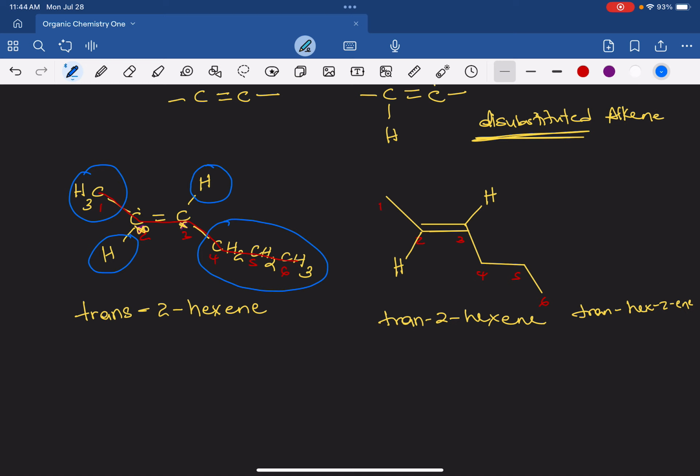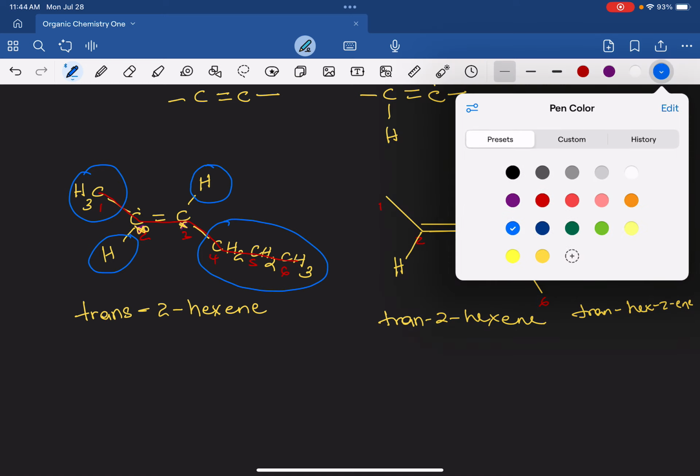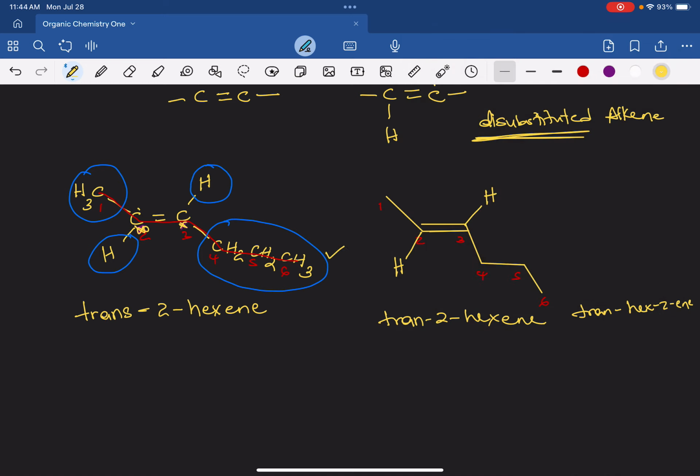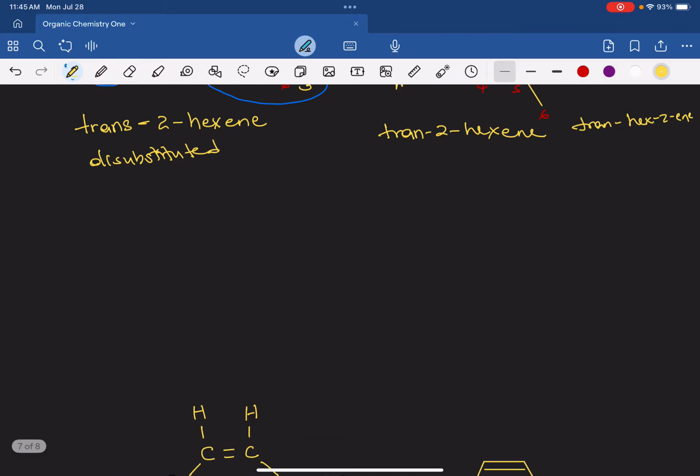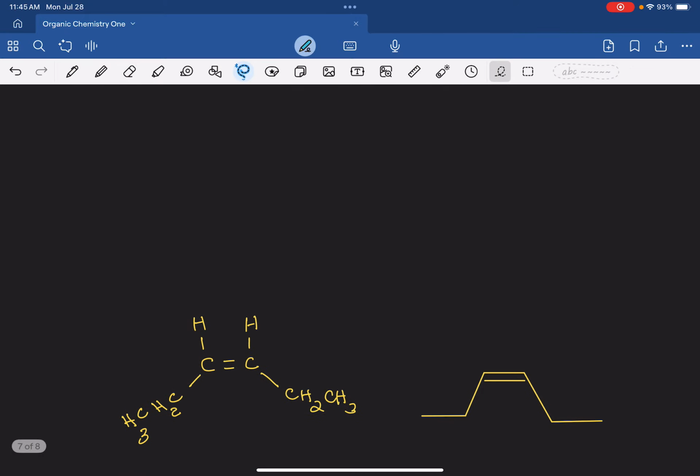How many groups do I have that are not hydrogen? 1, 2. Therefore, this thing is disubstituted. It's not complicated. It's two groups that are not hydrogen. It's a disubstituted alkene.